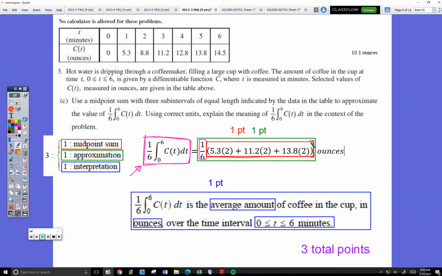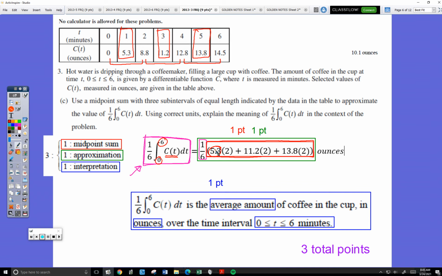So to calculate a midpoint Riemann sum from time equals 0 to time equals 6, I look at the table and I break it into the 3 equal subintervals, like so. For each subinterval, I go to the middle of the subinterval, and I take the value of C in the middle of the subinterval.